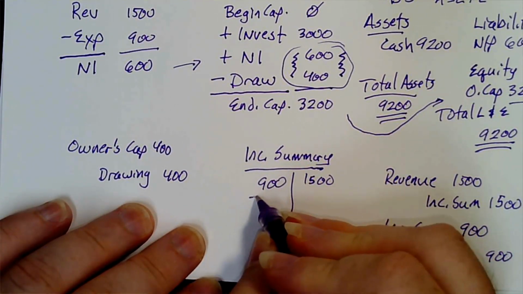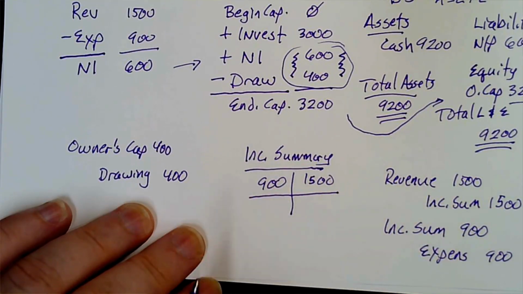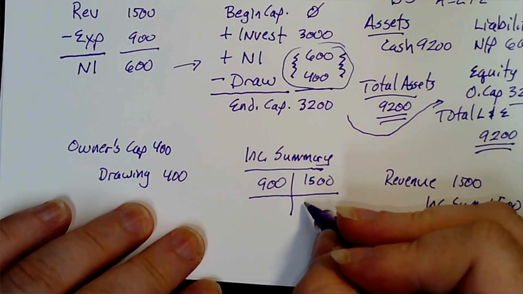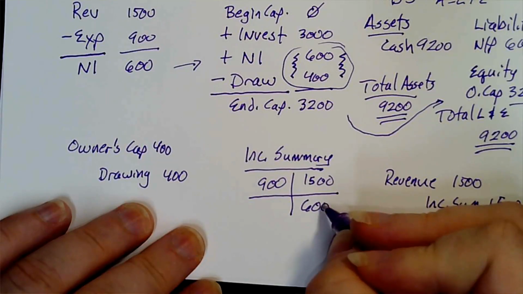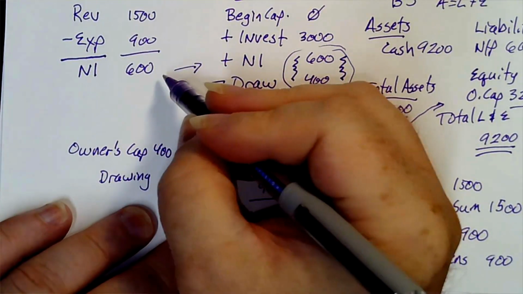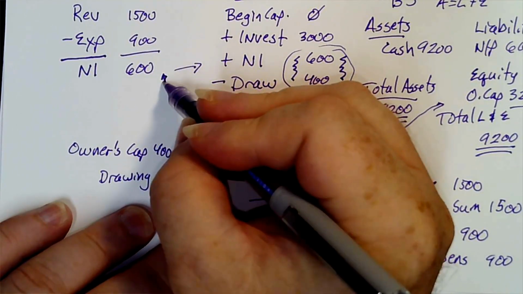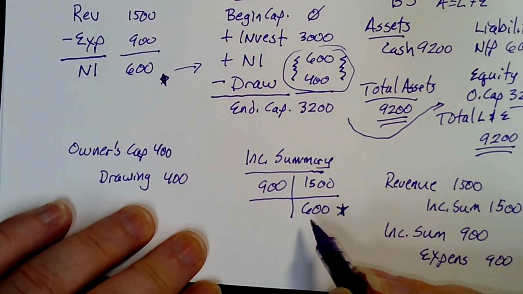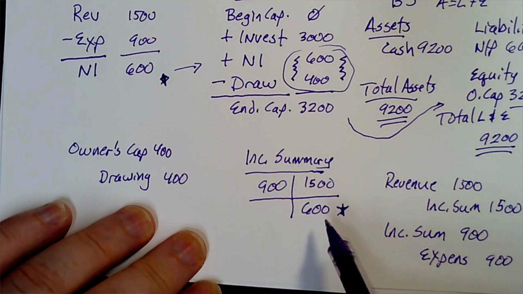And when we look at the balance in this account, don't we have 600? And I look here and I say, this 600 matches my net income. In other words, we've created this temporary account that allows us to clear out those other accounts that matches net income.